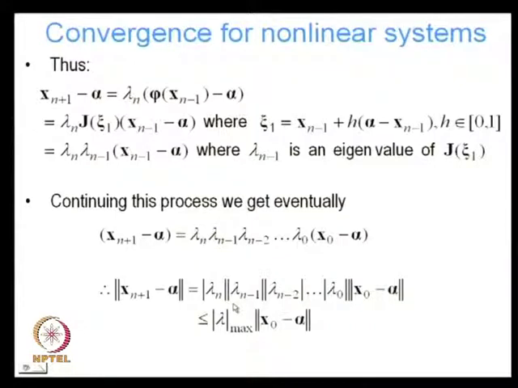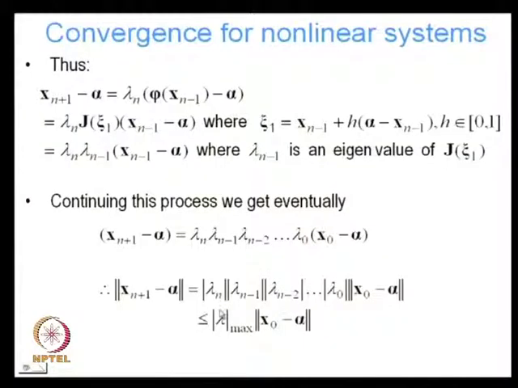I am looking at the maximum eigenvalue of each iteration, and that maximum eigenvalue over all the iterations, if I replace it here, I am sorry, this should be a power n, and this is the norm of x 0 minus alpha. So this to the power n times this is going to be greater than or equal to that.